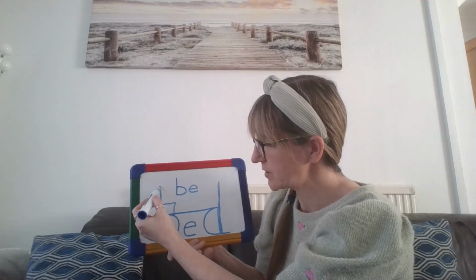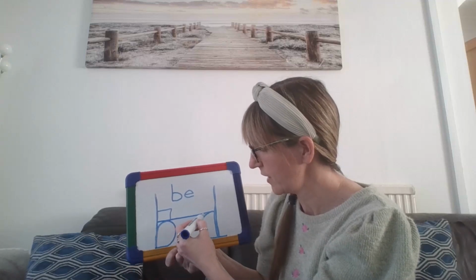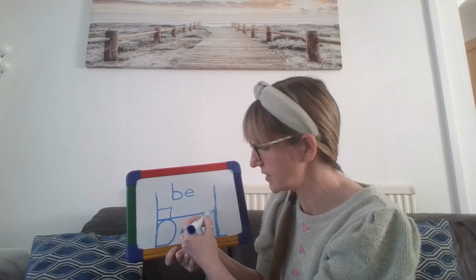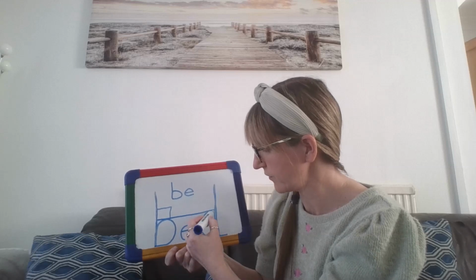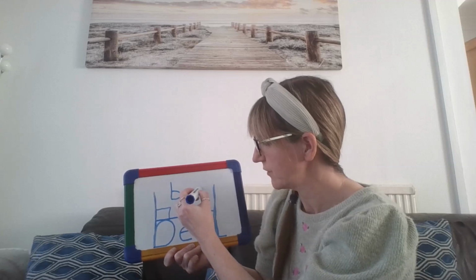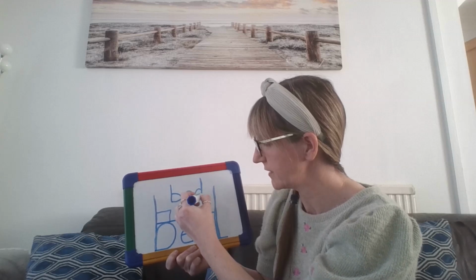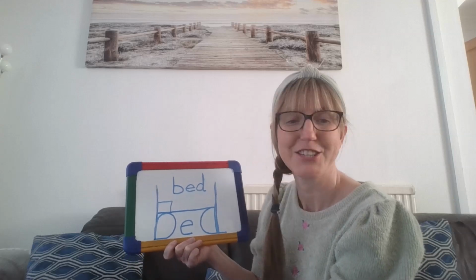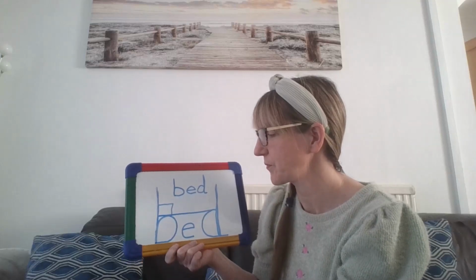Now, when I drew it, we came down, back up, across. And the first part of the d that you see is the round part. So we come around, like a curly k, up, down, and flick. And you can say that b-ed, bed.